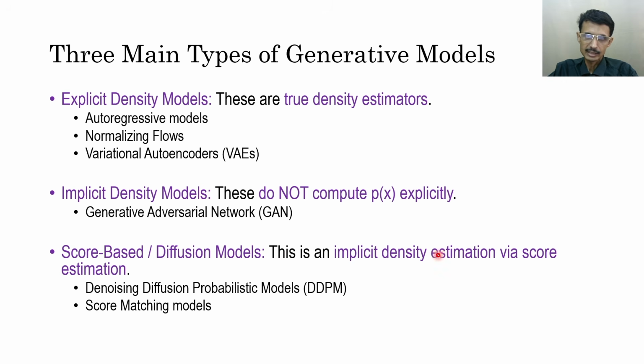This is also implicit density estimation, but via score estimation, such as the denoising diffusion probabilistic model, DDPM, and score matching models. So these are the main generative models that we are going to discuss.